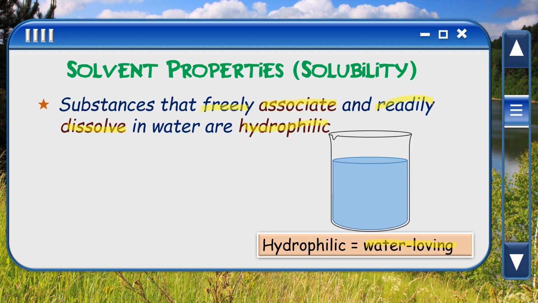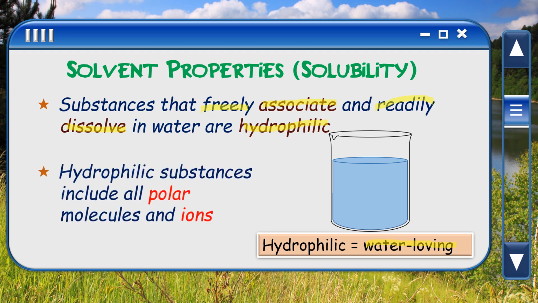The hydrophilic substances include all the polar molecules, those that have a partially negative part and a partially positive part, and ions like sodium ions, Na+, or chloride ions, Cl minus.